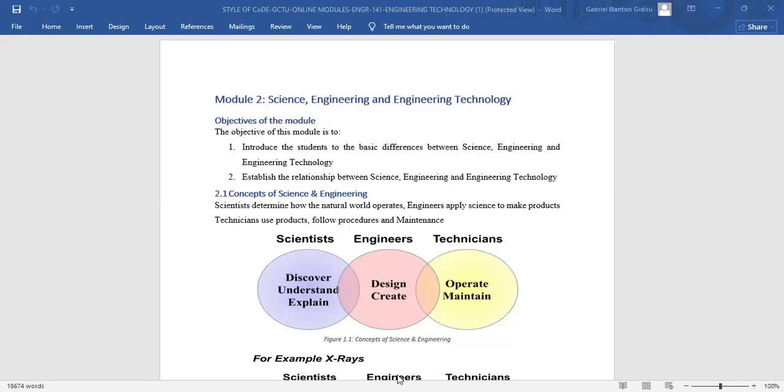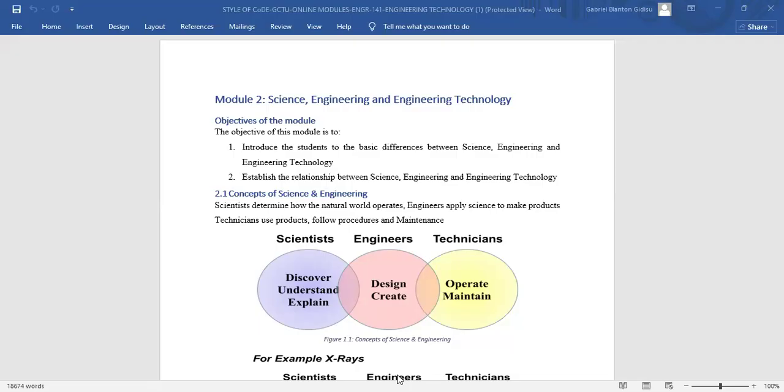Then the technician operates and maintains, you understand? So if somebody has designed and created a car that has 8 wheels, that can turn around on itself 360 degrees, that can fly, and you are maintaining it or cleaning it, or let's say you are repairing it, it doesn't make you an engineer. You are a technician.